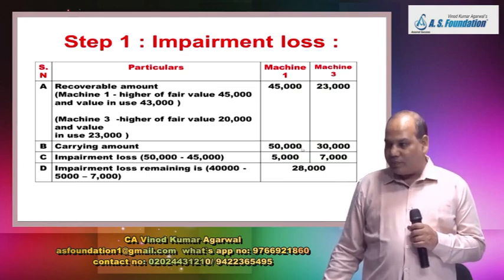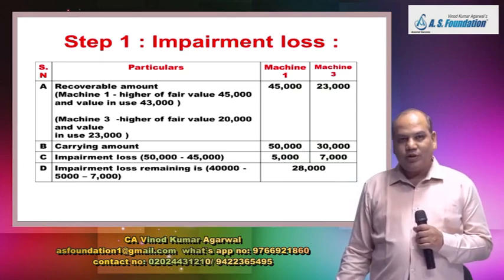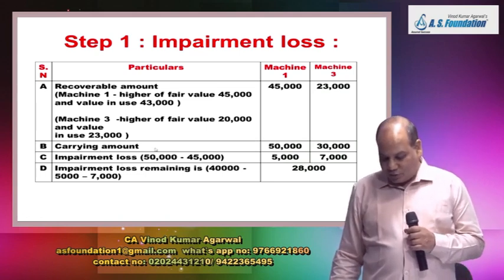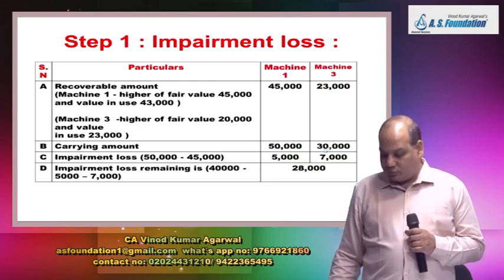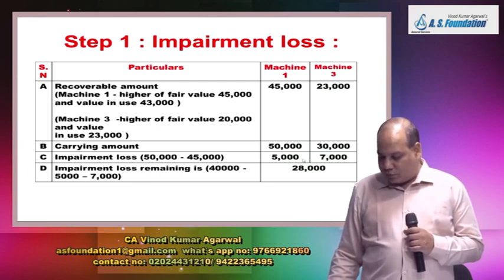Both machines are impaired. So write down point number C, impairment loss: machine 1, 5,000, 50 minus 45. Machine 3, 30 minus 23, 7,000. So total of these two machines is 12,000.